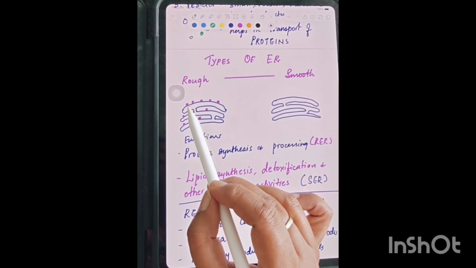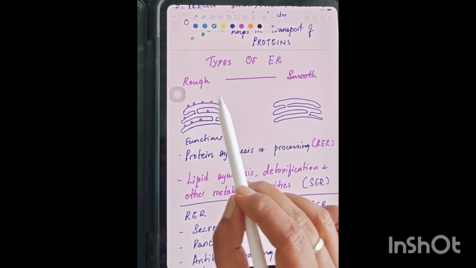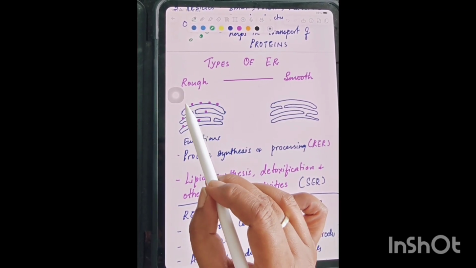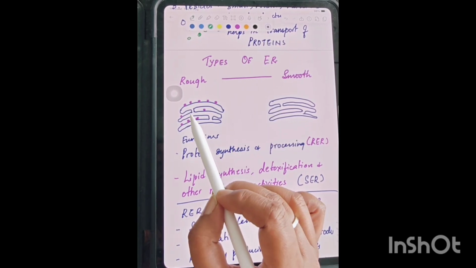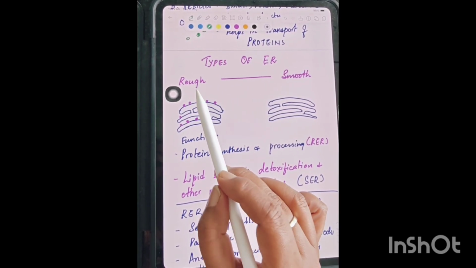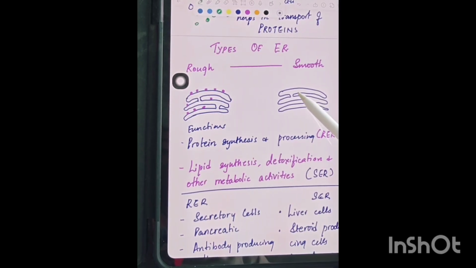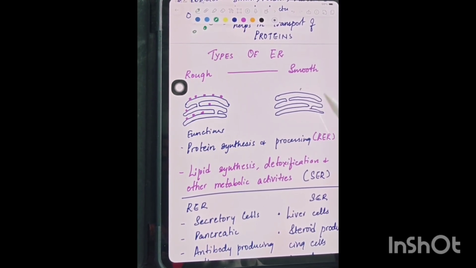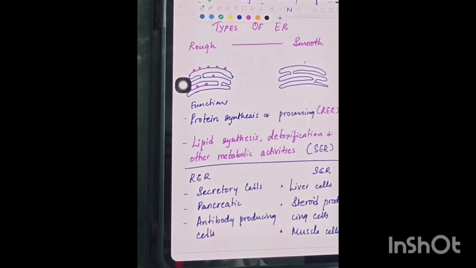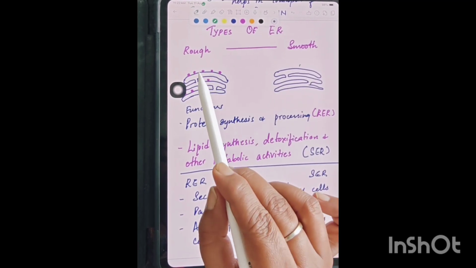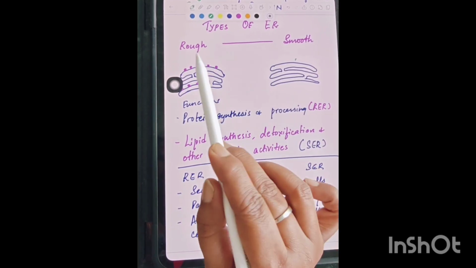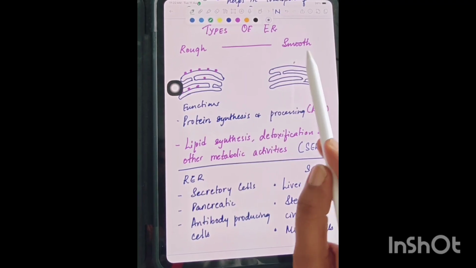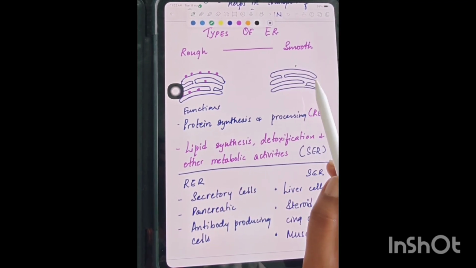Under the microscope, because of the presence of these ribosomes, the surface appears rough. In the smooth endoplasmic reticulum, there are no ribosomes on the surface, so the cisternae or tubules appear smooth. So the two types are based on the presence or absence of ribosomes.